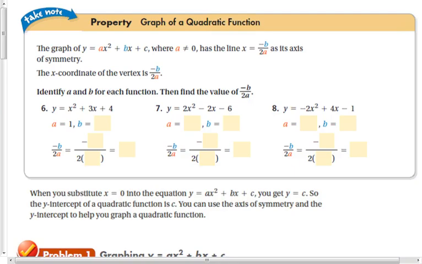All right, one thing we're going to find out is that the line of symmetry is an important part of the graph of a quadratic function. It contains the minimum or the maximum. So the vertex is on the line of symmetry.